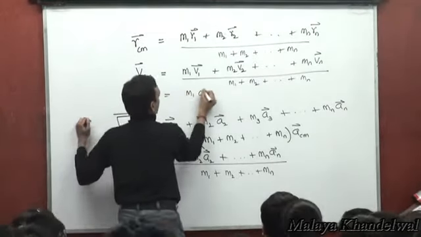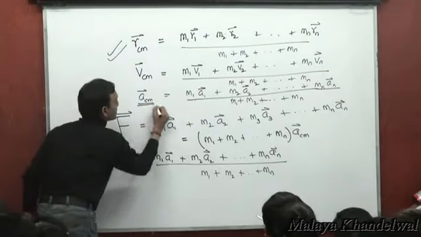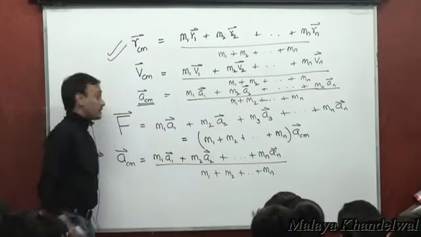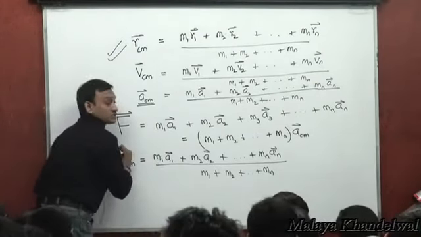Which means this description of the position of the center of mass will give me this as the acceleration of the equivalent particle, which matches with this. And therefore, this could be considered appropriate for describing the position of the equivalent particle, because differentiating twice would give me what you would expect as the acceleration of the equivalent particle.